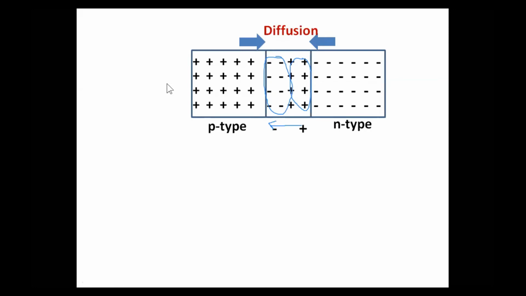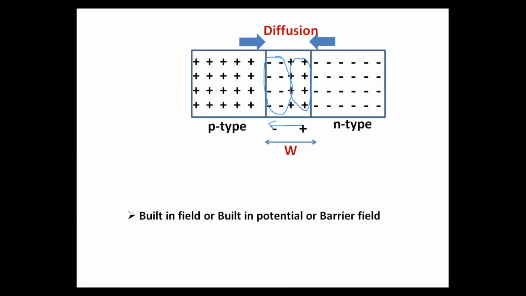This is the net positive charge and this is the net negative charge, and we have built some electric field within this particular p-n junction region of width W. The field produced because of the diffusion process in the p-n junction is known as built-in potential or built-in field. The corresponding potential is also known as built-in potential, and this field is also known as barrier field.